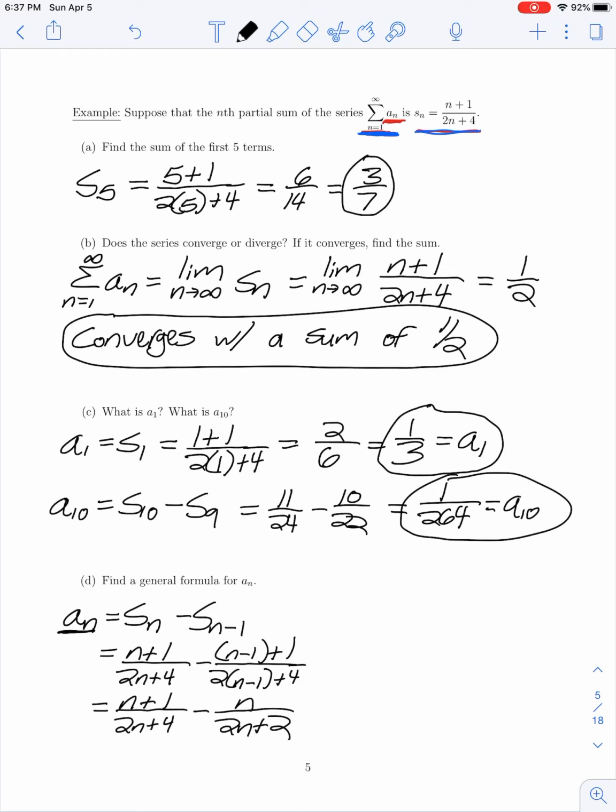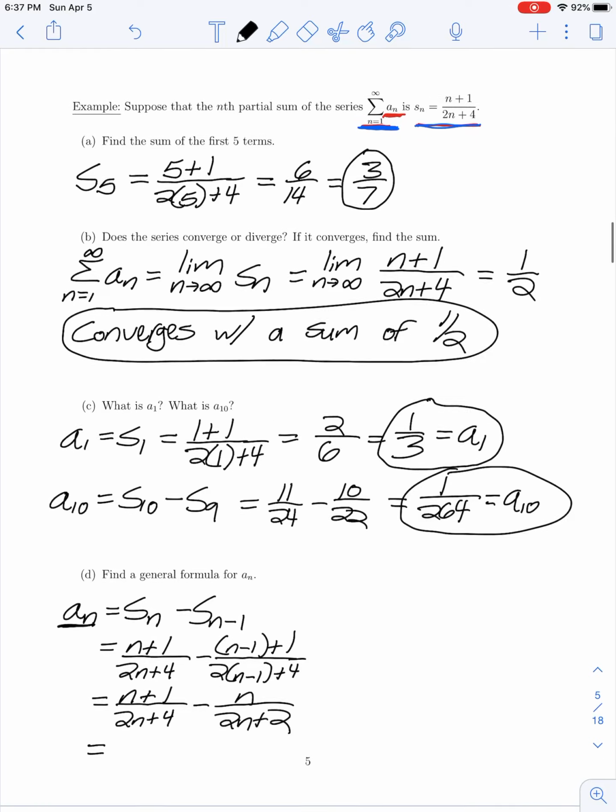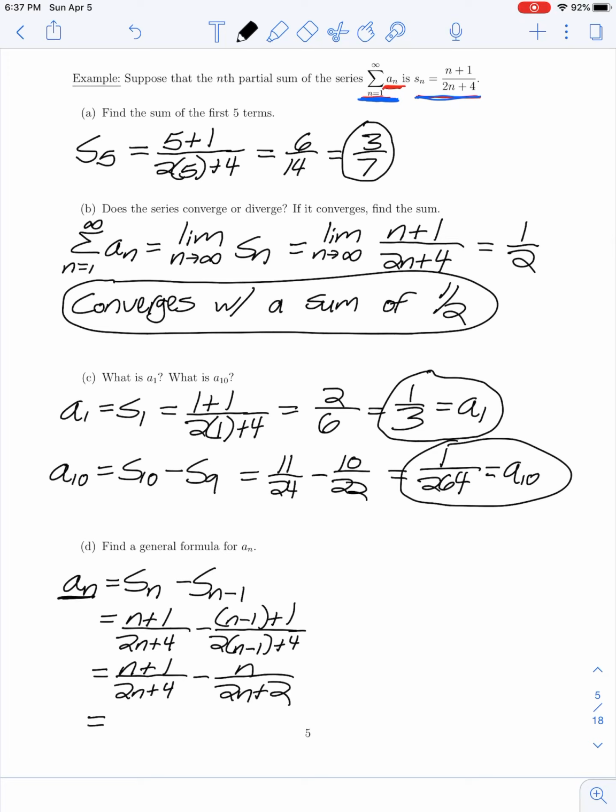And then if we want to simplify a bit further, we can try to combine these fractions by getting a common denominator. So here my first term was (n + 1) over, if I factor out a 2 from the denominator, 2 times (n + 2), minus n over, if I factor out a 2 here, 2 times (n + 1).